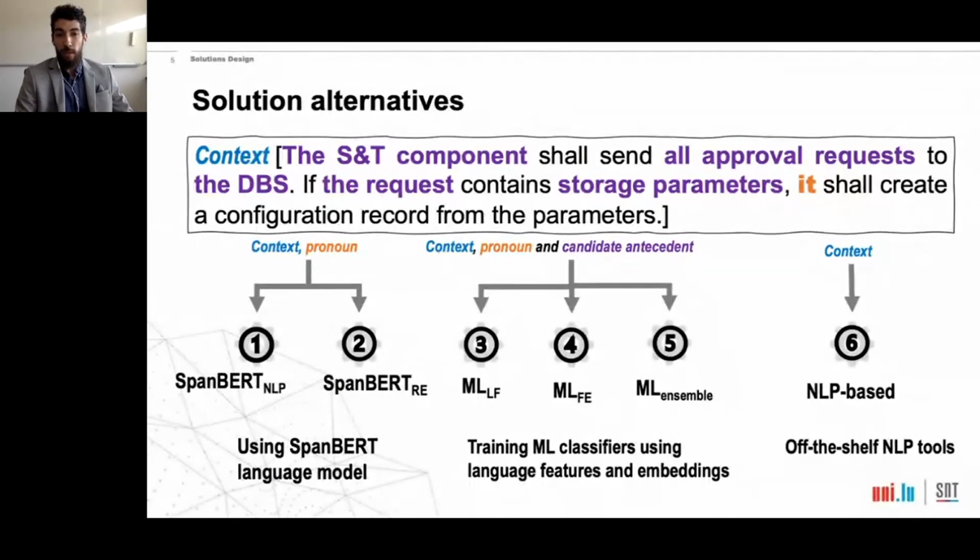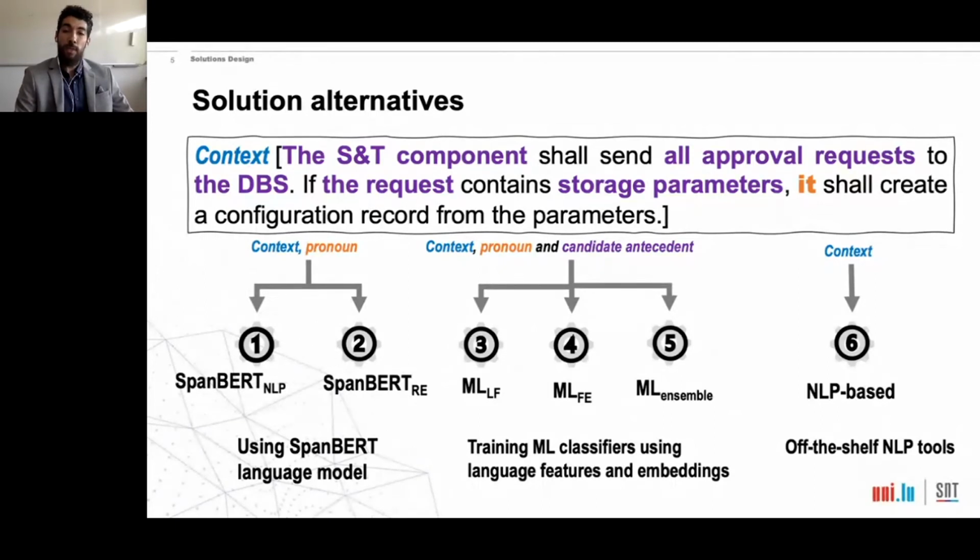So we have 3 machine learning solutions. They take as inputs the triplets of context, pronoun, and candidate antecedents. The outputs are these candidate antecedents classified as either correct, incorrect, or inconclusive. We then apply a set of rules to derive the label of whether the pronoun is ambiguous or not.